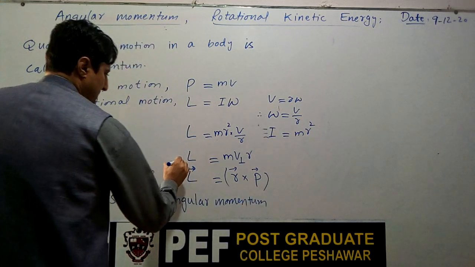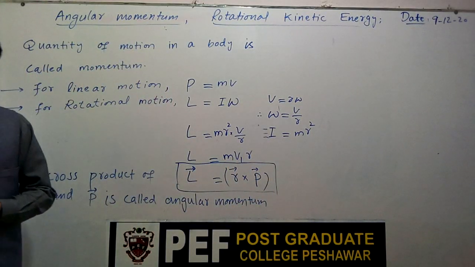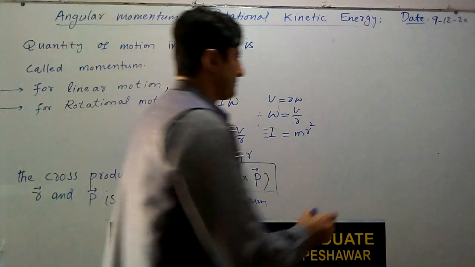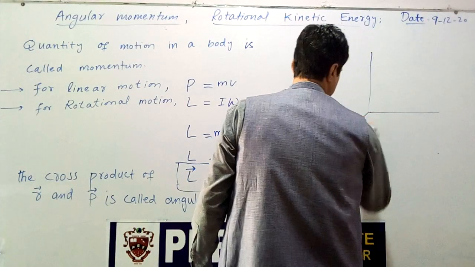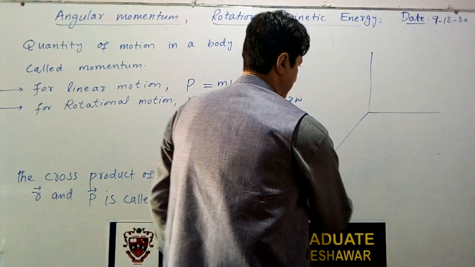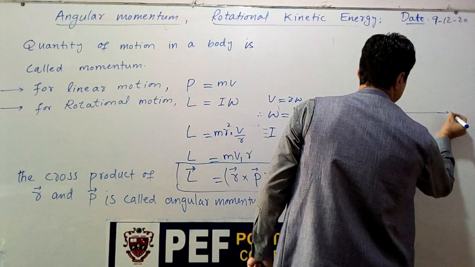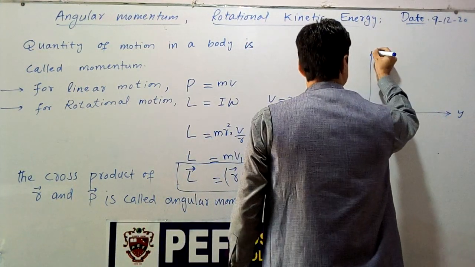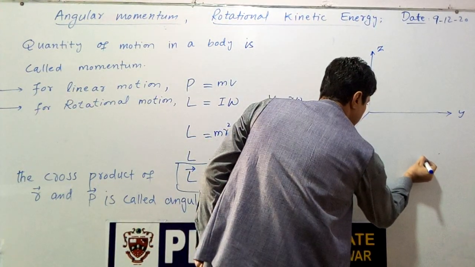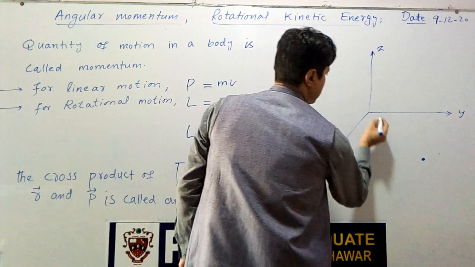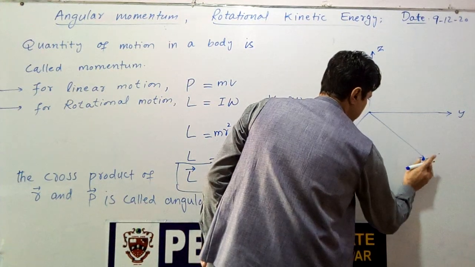As angular momentum is a vector quantity, how can we determine its direction? Let me draw a simple diagram in three dimensions. Say suppose this is the x-axis, this is the y-axis, and this is the z-axis. Now if an object is placed here, the position vector R from the origin is this one for this object.